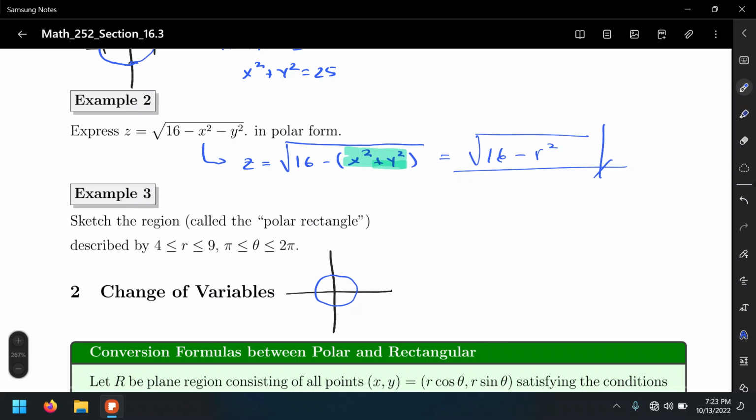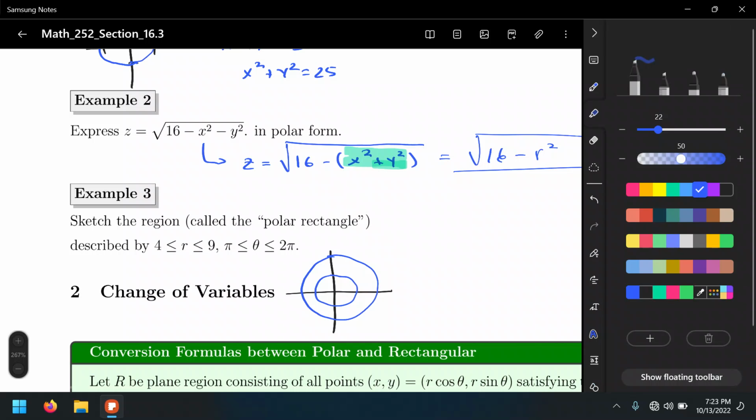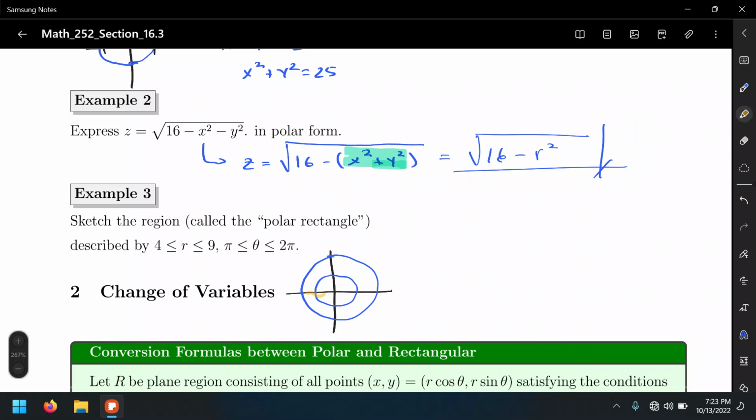So that's the smaller circle, the one with a radius of 4, and that's the one with a radius of 9. However, we just want to sketch the region that goes between pi and 2 pi, so not the whole region in this case. So to better describe this region, we're just going to shade the part that varies only between pi and 2 pi. All right, pi to 2 pi.